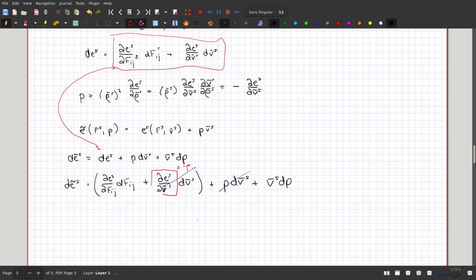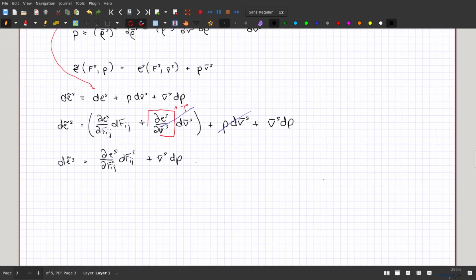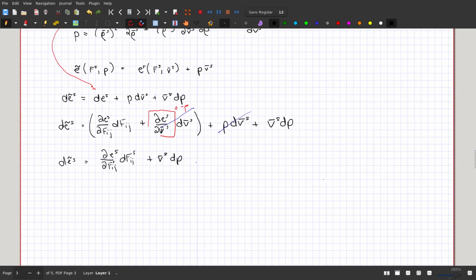And so we're left with dE tilde of S is equal to partial E_S partial F_ij dF_ij, that thing.